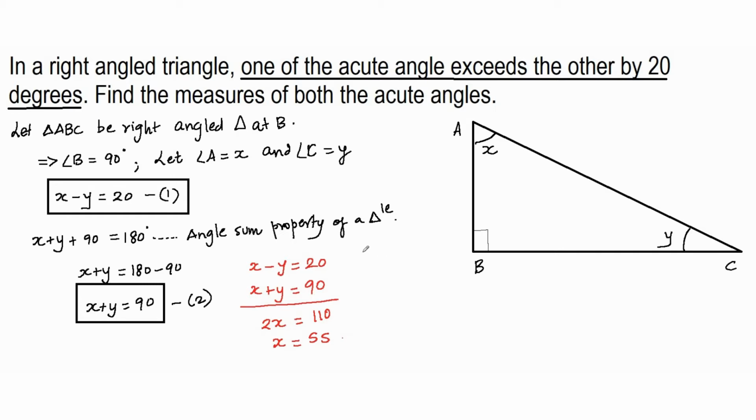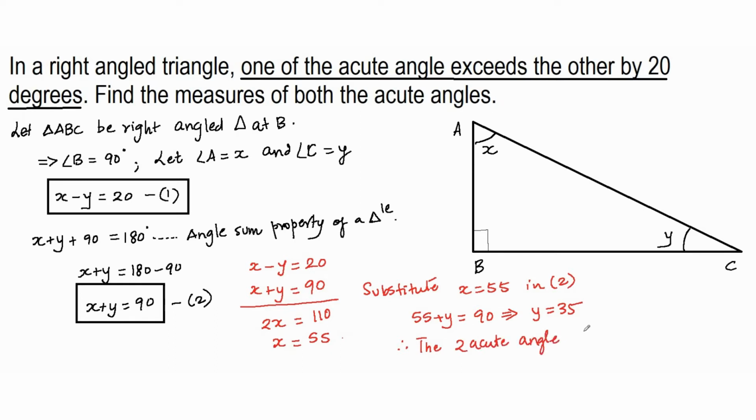And now let me substitute X as 55 in the second equation, and what I will get is 55 plus Y is equal to 90, which implies Y equals 35, and therefore the two acute angles are 55 degrees and 35 degrees.